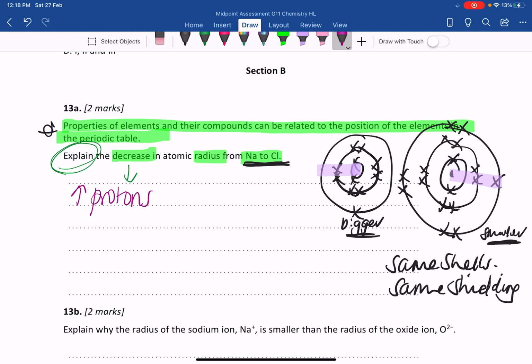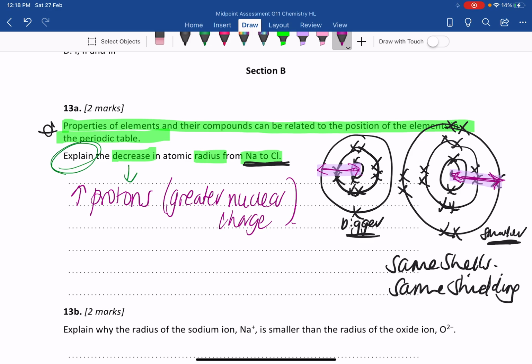So because I have more protons, I have a greater nuclear charge. Then that means that the electrons are pulled in more tightly, even though there are more of them, than they are here. So because I have more protons in my nucleus, it causes a stronger pull on the outer electrons. It draws them in closer.